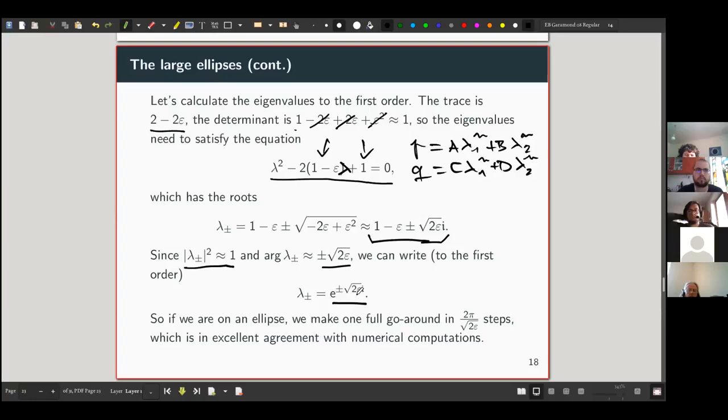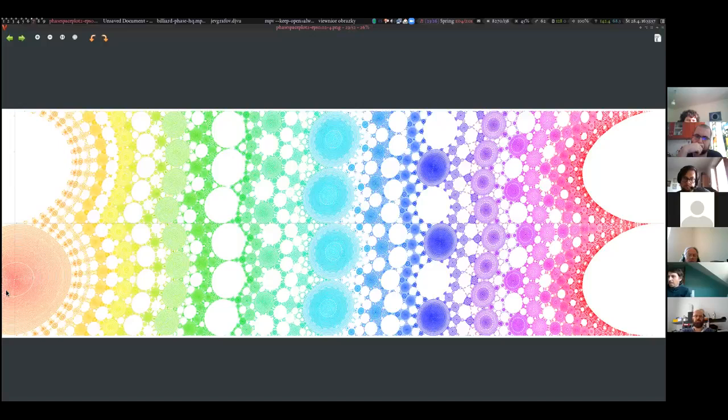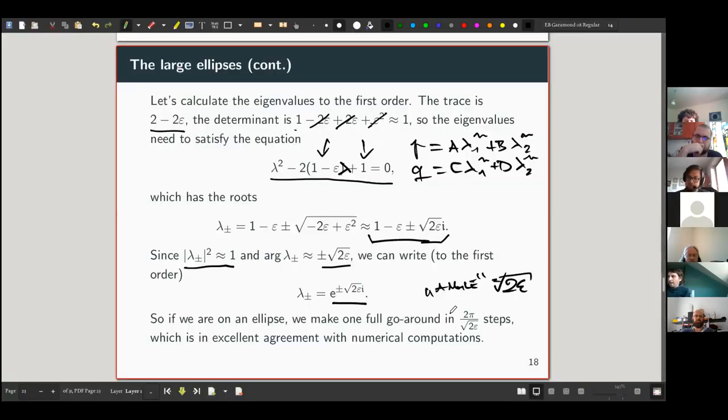And since each step actually adds the angle of square root of 2 epsilon, then we can expect the particle will go around the ellipse after 2 pi over the square root steps.